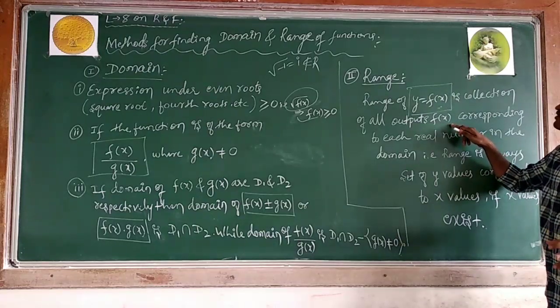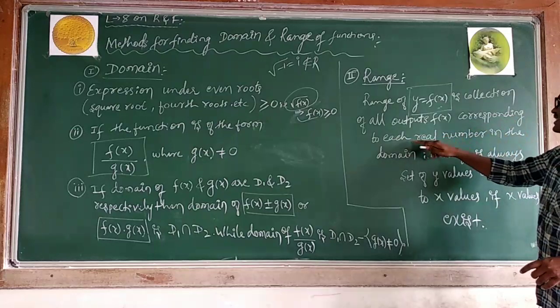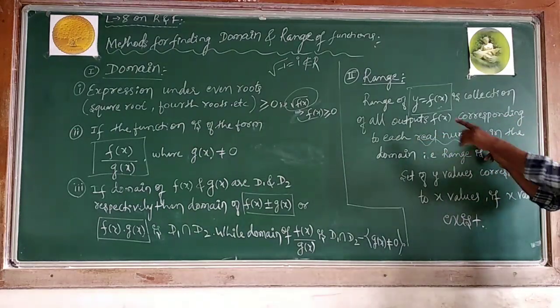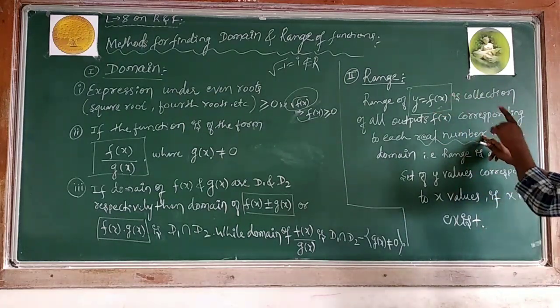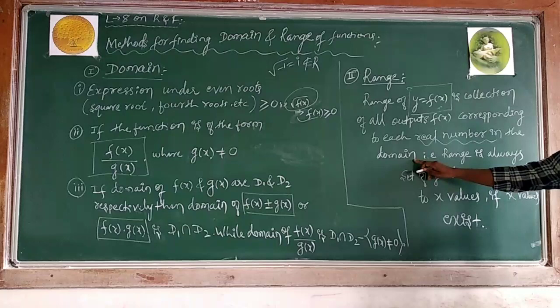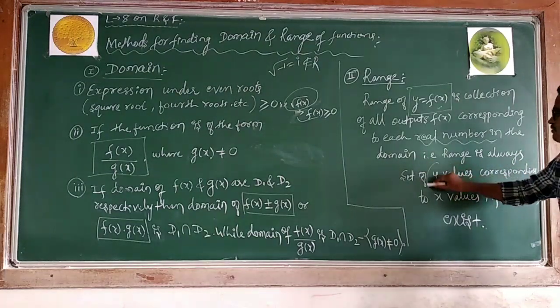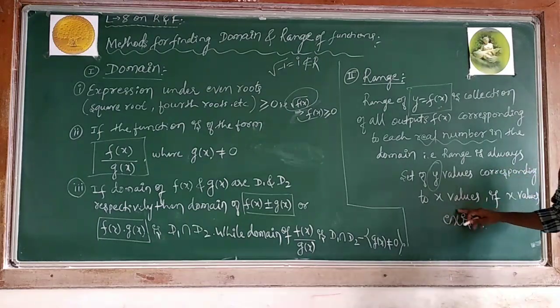Output is f of x. f of x is nothing but the y value always, corresponding to each real number. That should be real numbers. For that reason I said that in the case of even roots, you have to concentrate on real roots. That should not be imaginary. I can say range is always the set of y values corresponding to x values.